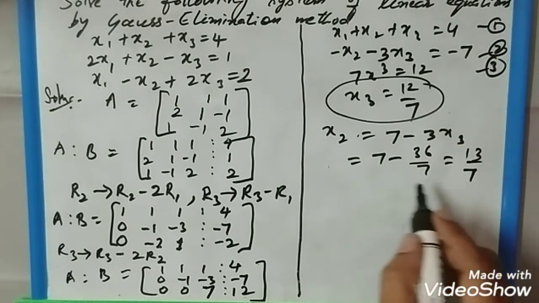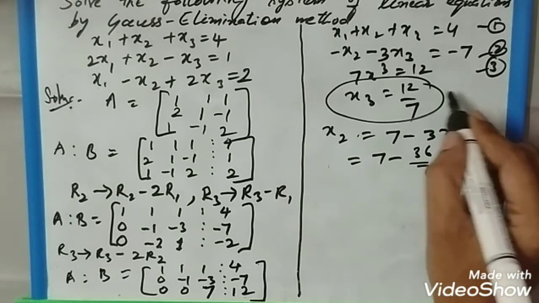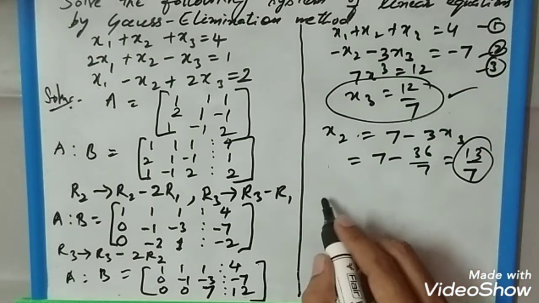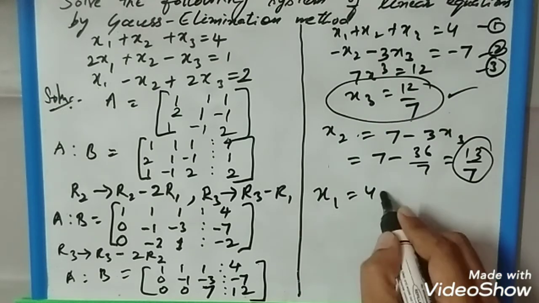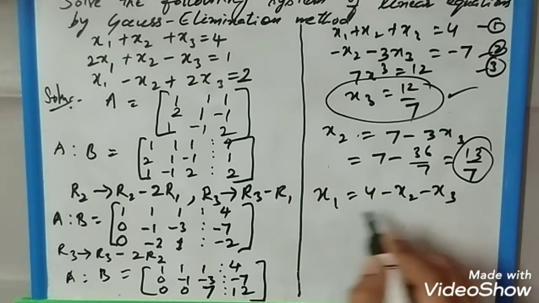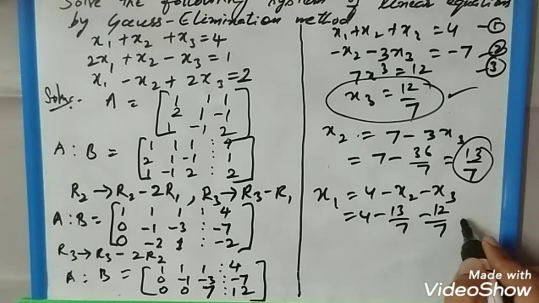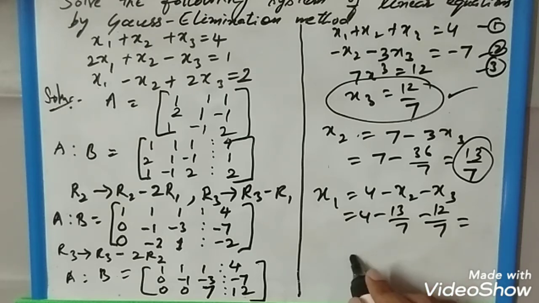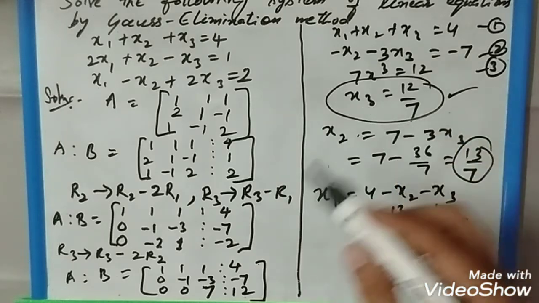X2 is 13 by 7. Now substituting x2 and x3 in the first equation, you'll get x1. x1 is equal to 4 minus x2 minus x3, which is 4 minus 13 by 7 minus 12 by 7. Finally, if you take the LCM as 7, you'll get 3 by 7. So x1 is 3 by 7, x2 is 13 by 7, x3 is 12 by 7.